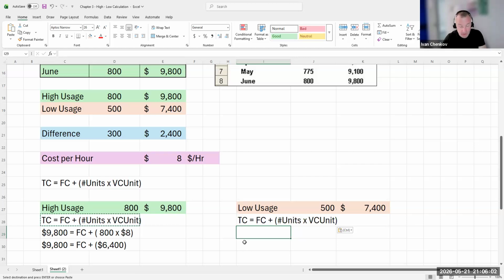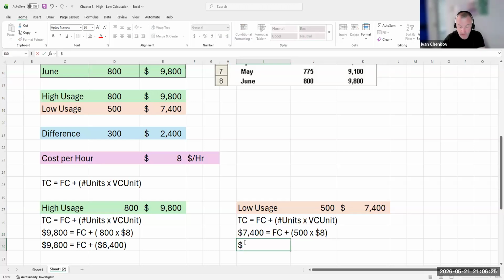Total cost at this point is $7,400, which should be equal to fixed cost, which I don't know, plus bracket 500 hours times $8 per hour. In other words, I should have $7,400 equal to the fixed cost, plus in the brackets I'm going to have $4,000.